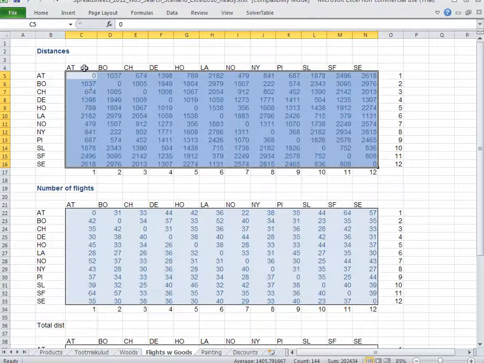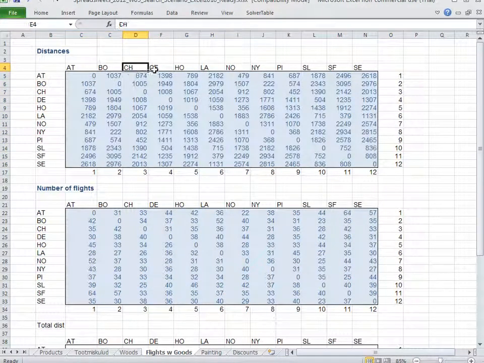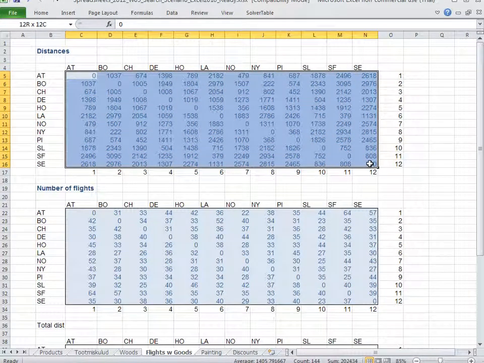Here is Atlanta, Boston, Charlotte, Denver, Houston, Los Angeles, New Orleans, New York, Philadelphia, Salt Lake City, San Francisco, and Seattle. And in this table, we can see that it contains 12 rows and 12 columns, because if we select it like this, up here will be 12 rows, 12 columns.